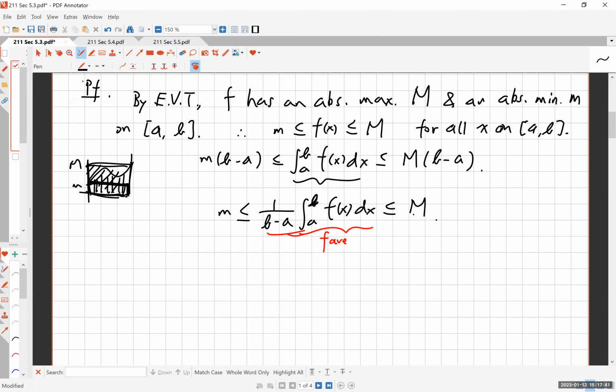What we have is the lowercase m here and capital M, with the function going like this. Lowercase m is the minimum, capital M is the maximum. Lowercase m and capital M are both values on the y-axis.